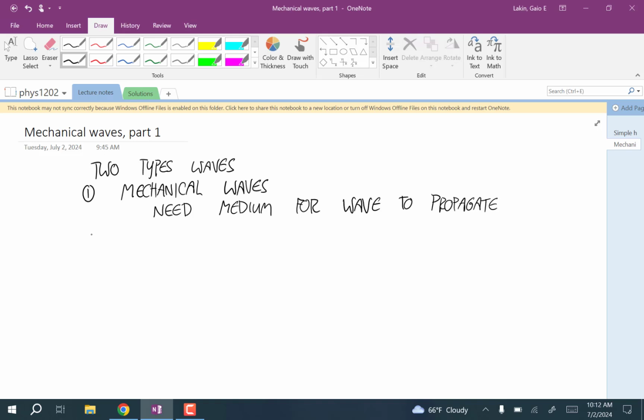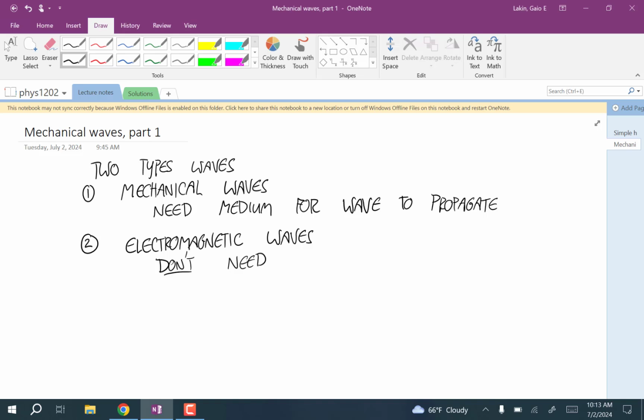The other type of wave that we will get to later is electromagnetic waves. They have some characteristics in common with mechanical waves, but these don't need a medium to transfer through.